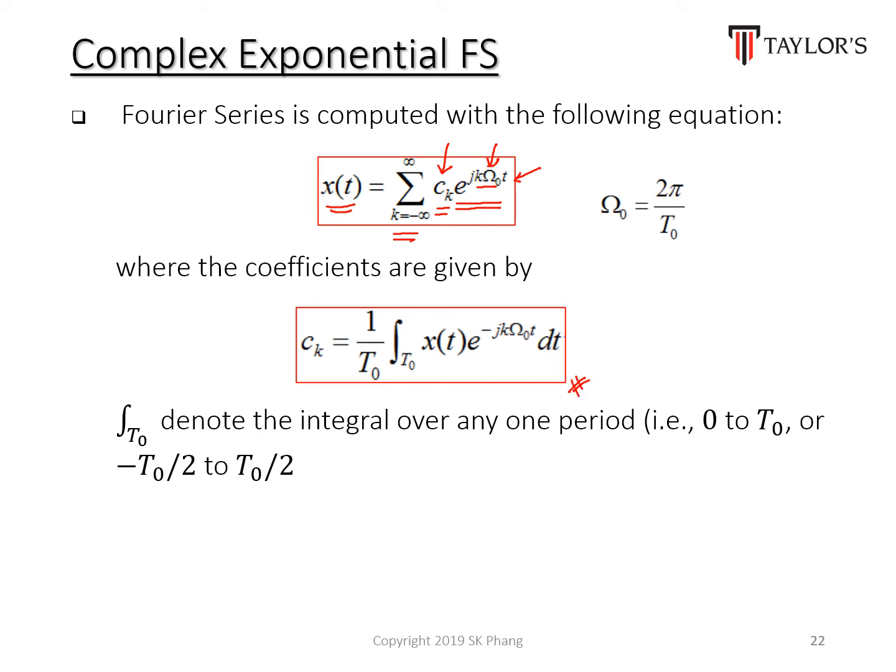Whenever you are given a function or signal x(t), you just need to put it into these equations and do the integration over a time period T0, and then divide by T0 itself, and therefore you should be able to find c_k. And this c_k, for k from negative infinity up to infinity, gives you c0, c1 all the way to c infinity, and c negative 1 all the way to c negative infinity.